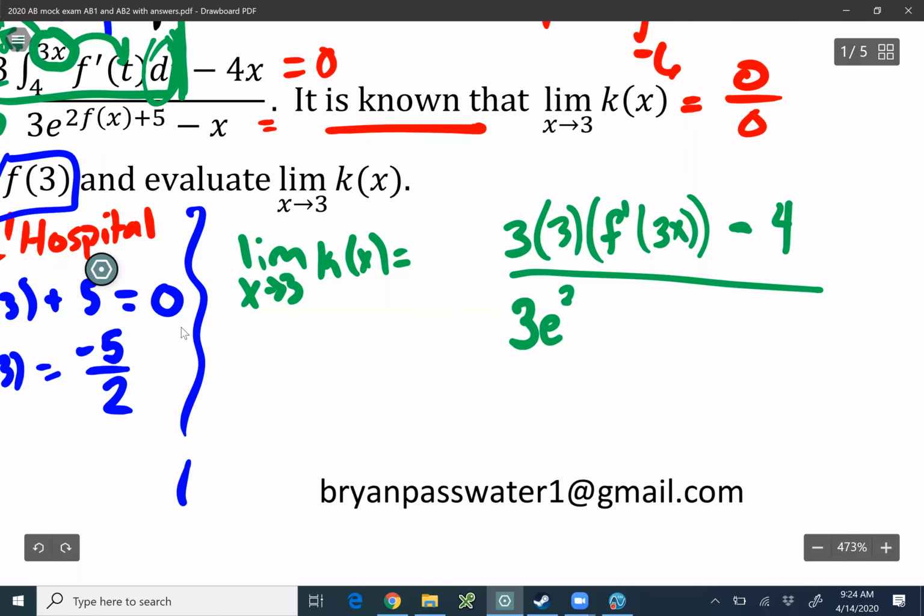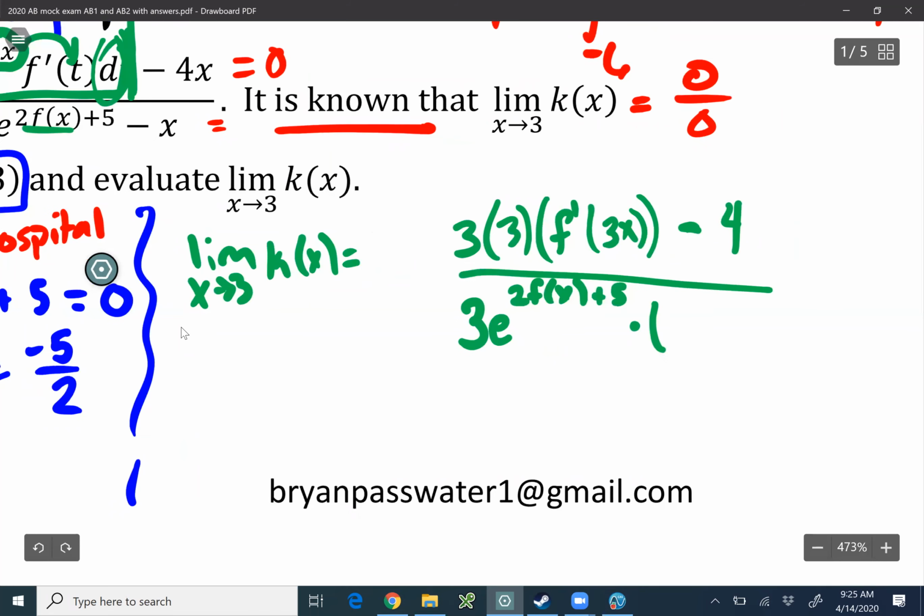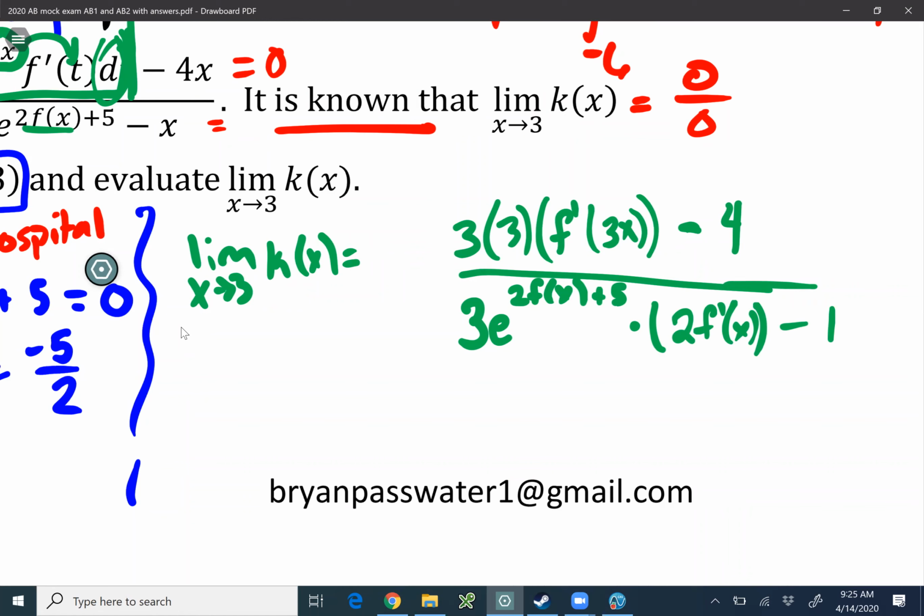E to the 2 f of x plus 5, times the derivative of the box, so the derivative of the top is 2 f prime of x, and then minus the derivative of x is minus 1, right? Because that's separate.